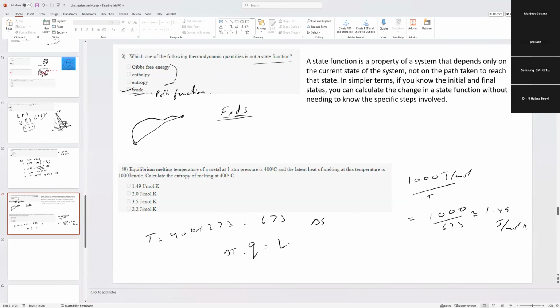So delta S fusion is delta H fusion divided by T. Delta H fusion is your latent heat in this case, divided by your temperature.